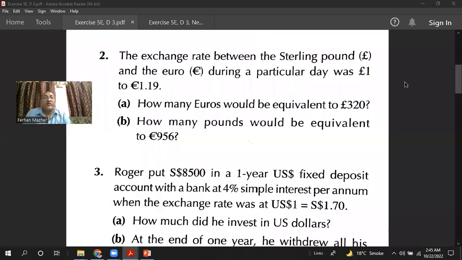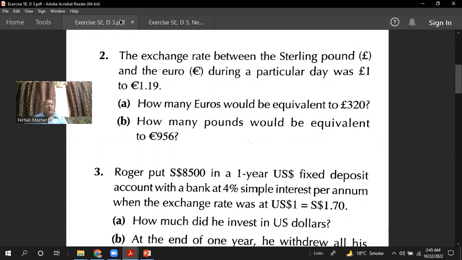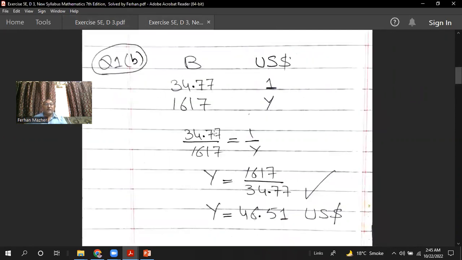The exchange rate between the sterling pound and the euro during a particular day was £1 equals 1.19 euro. How many euros would be equivalent to 320 pounds sterling? Let me show you the solution.